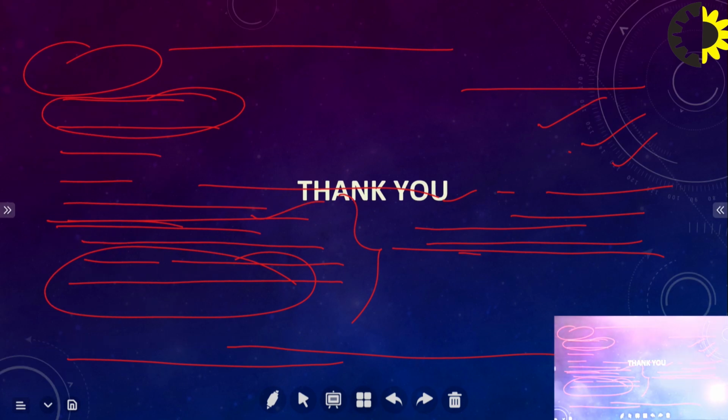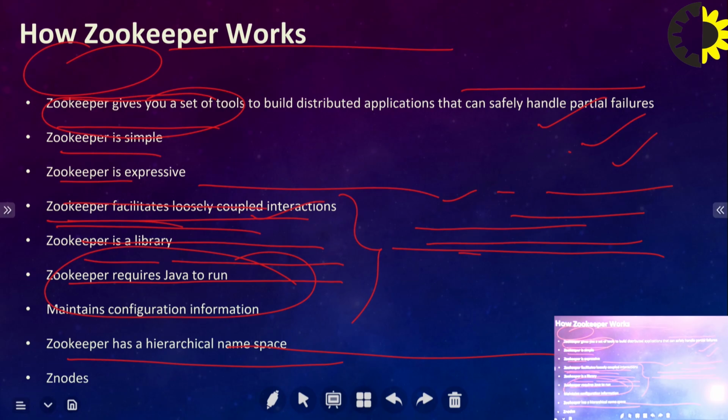Next, how ZooKeeper works. ZooKeeper gives you a set of tools to build a distributed application that can safely handle partial failures. ZooKeeper is simple, ZooKeeper is expressive, ZooKeeper facilitates loosely coupled interaction, ZooKeeper is a library, and ZooKeeper requires Java to run. ZooKeeper maintains the configuration information of the system. ZooKeeper has a hierarchical namespace and also uses znodes.